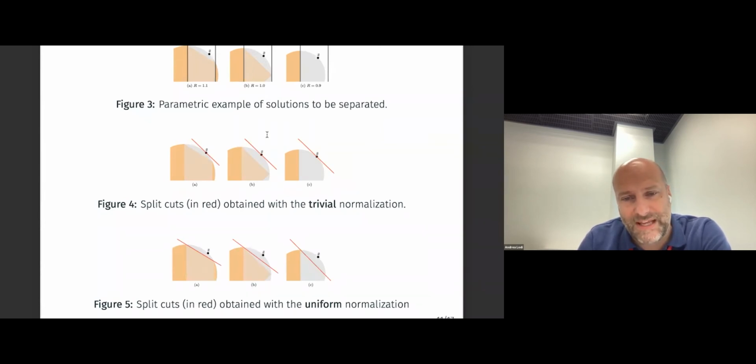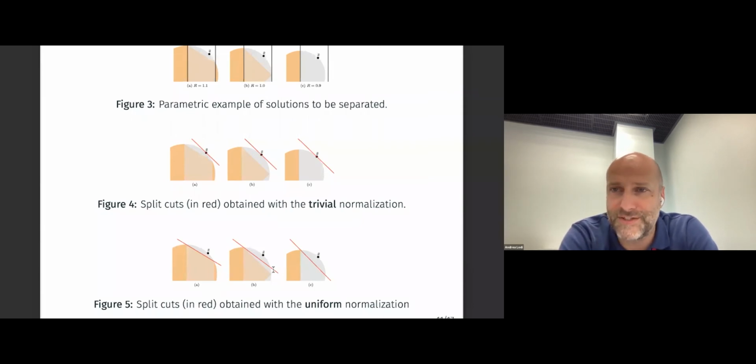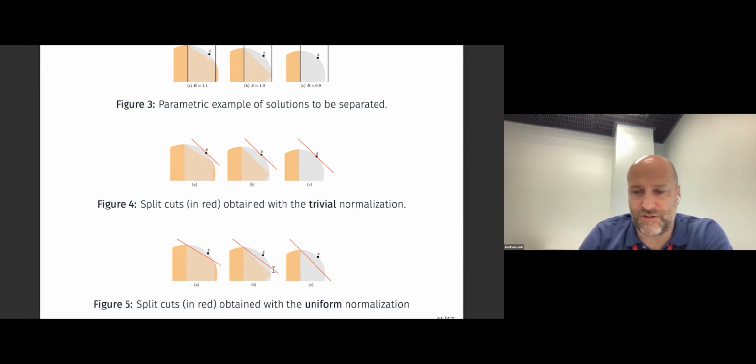In the B case, it's not the strongest possible cut, and also in the C case, but they are solid improvements in this very much cooked up example over the trivial normalization. And the uniform normalization turns out to be actually quite effective from the stability standpoint in our computational experiments.